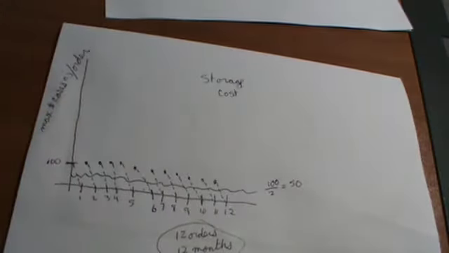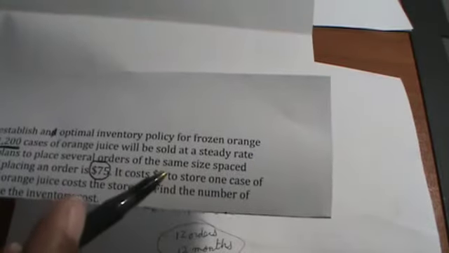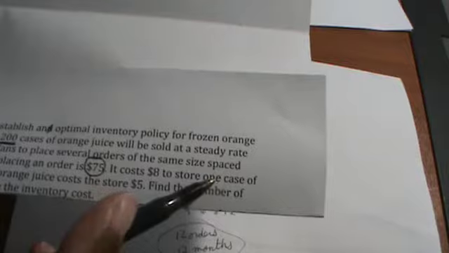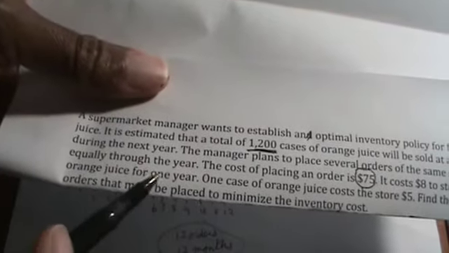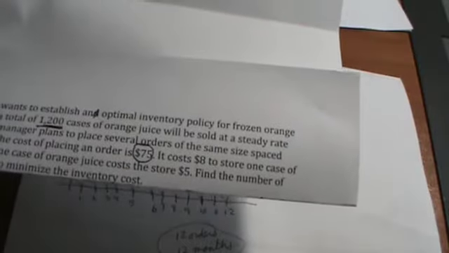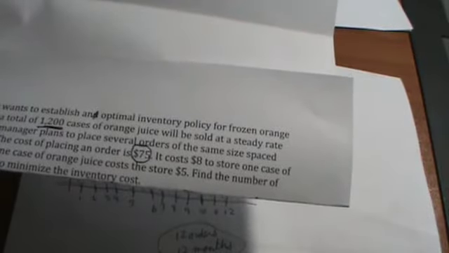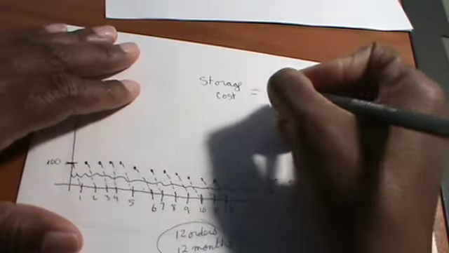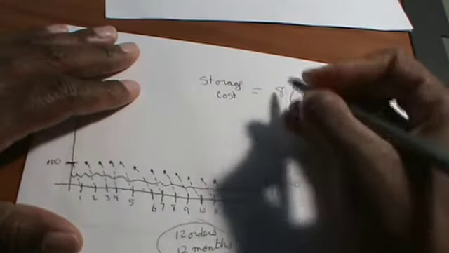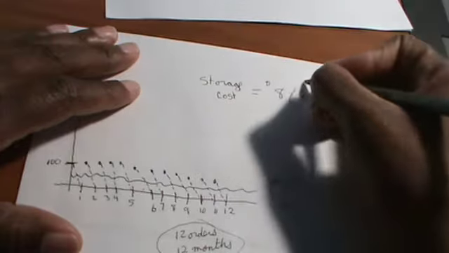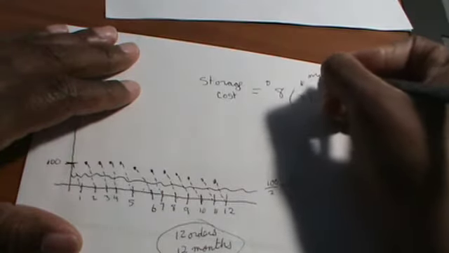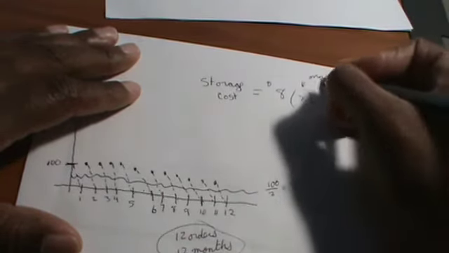Okay, so let's go to this one piece of information right here. It costs $8 to store 1 case of orange juice for 1 year, $8. We don't want to write 8x because 8x would be $8 each, and that would be the max in storage.